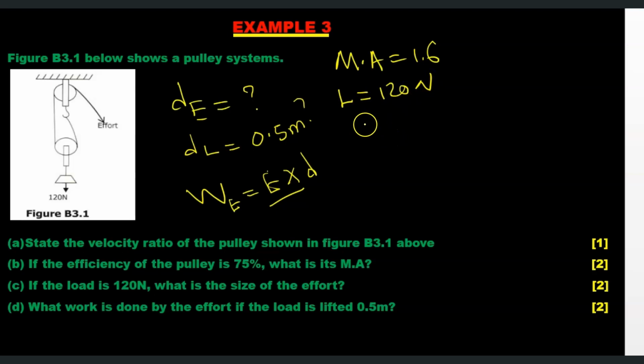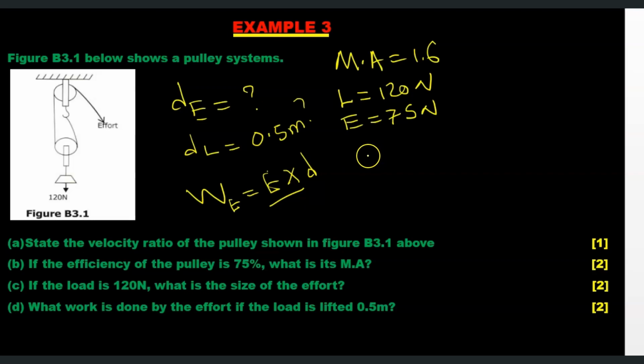The size of effort we found is 75 Newton. So we want to find the work done now. For us to find work done, we are only remaining with the distance moved by effort.